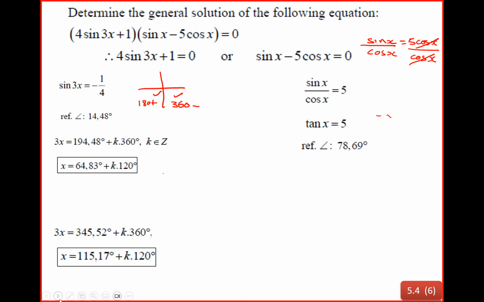And then, because the period of a tan graph is 180, we will now say that x is equal to 78.69 plus k180, and k is an element of integers. And there we have our general solution.